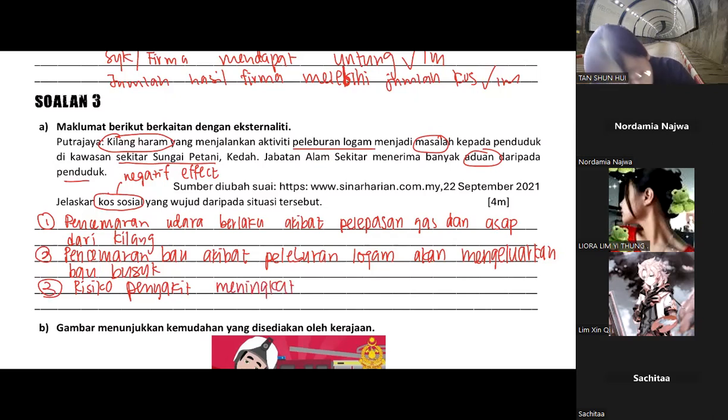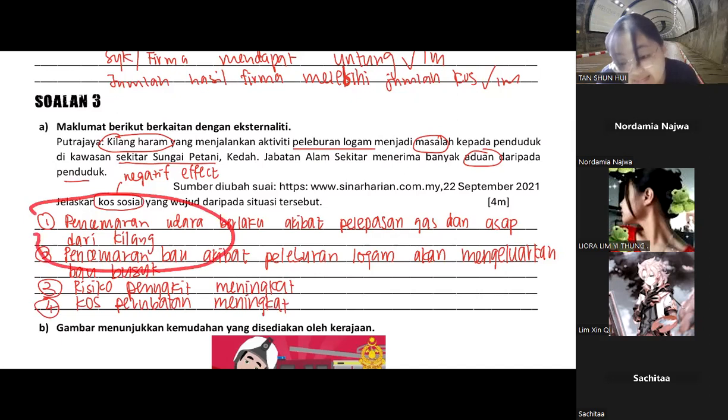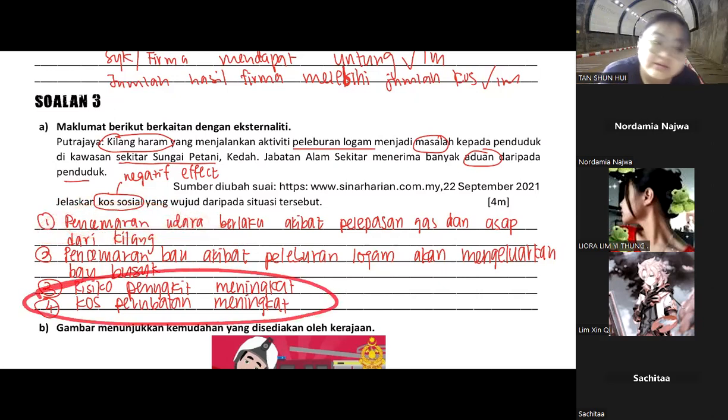Of course, you get sick, then you need to go for treatment. You go for treatment, you need to pay money. Cost perubatan meningkat. This is something, right? Whenever you confirm the cost social has pencemaran inside, whatever, pencemaran air, pencemaran udara, pencemaran bau, pencemaran bunyi, you will always come to this.